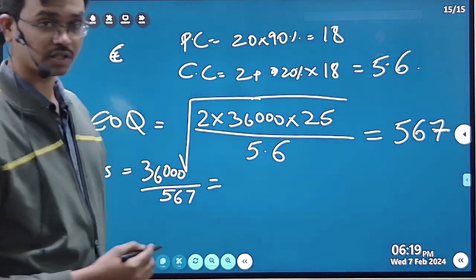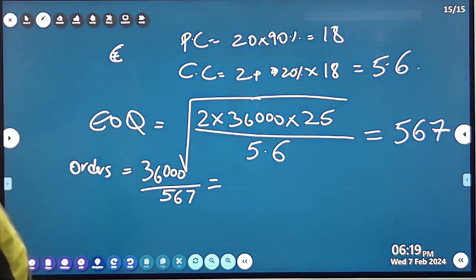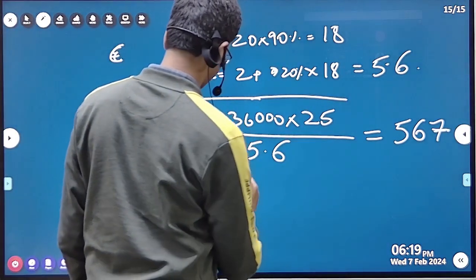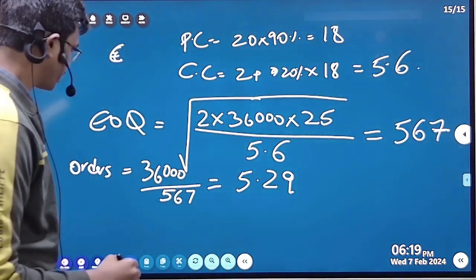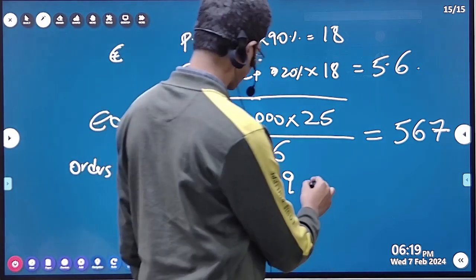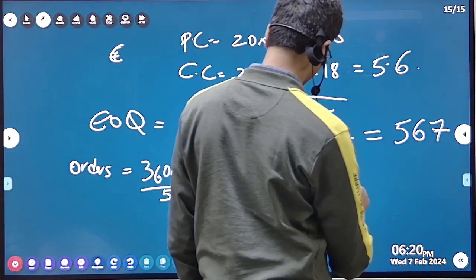How much is it? 5.29. As we cannot place 0.29, we will again go with 6.